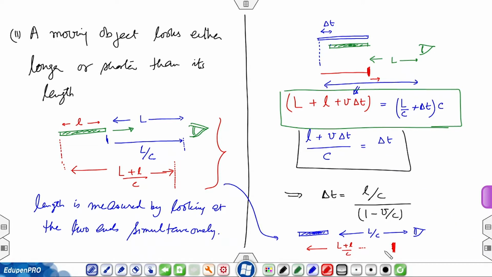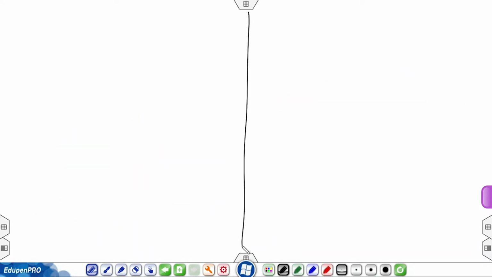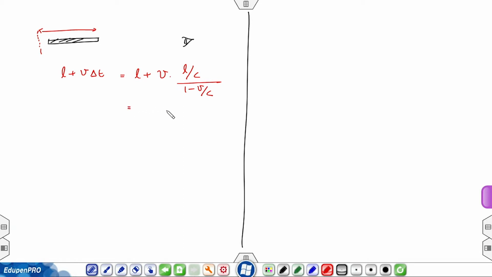So, through this, what we have found is that when this rod is moving towards the eye, it would appear a little longer, because the distance would look to be l plus v delta t, which has come out to be l over (1 minus v over c), greater than l.